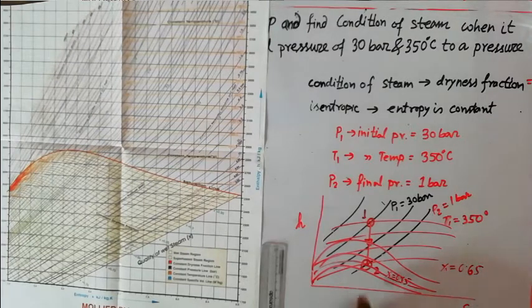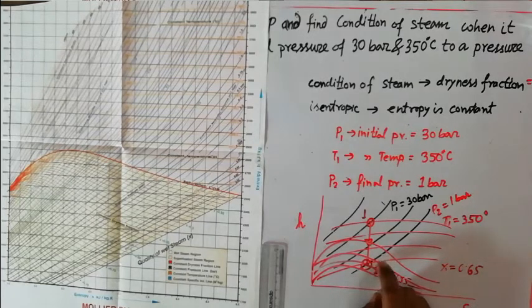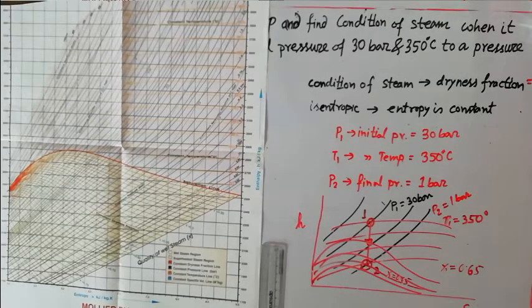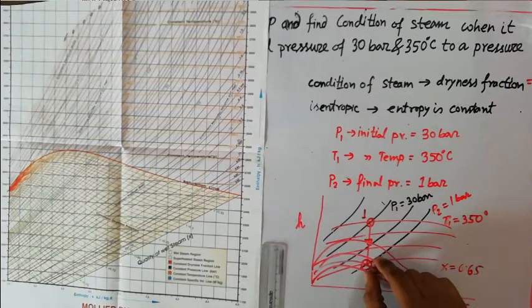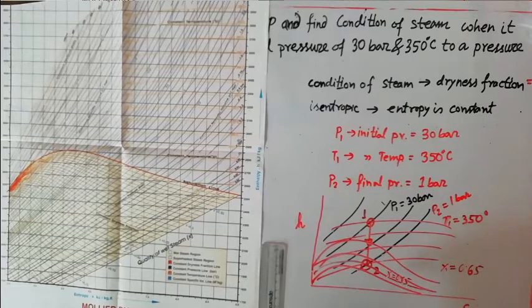But if your point 2 is not actually meeting that particular dryness fraction line, and is lying between two dryness fraction lines, then you have to do some approximation as to which dryness fraction line it is closer to. You can do a geometric interpolation, taking into consideration in the distance how close the point is.